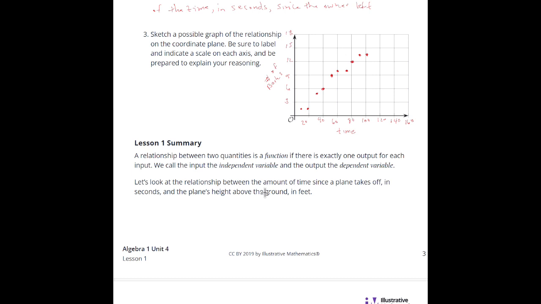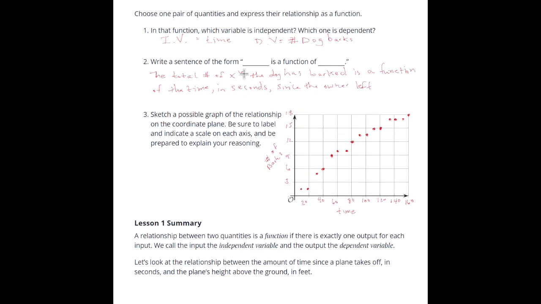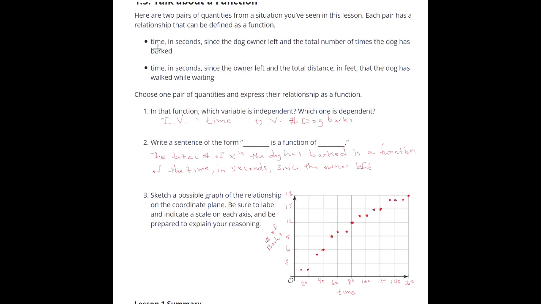Go up here, barks about 15 times. So that could be a graph of how many times the dog barks. That is basically for the first pair of quantities: time in seconds since the dog owner left and the total number of times the dog has barked.